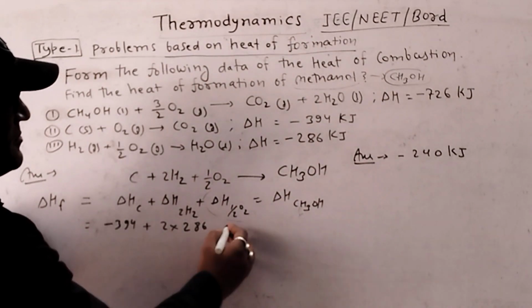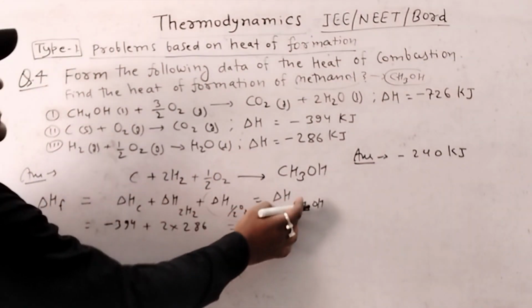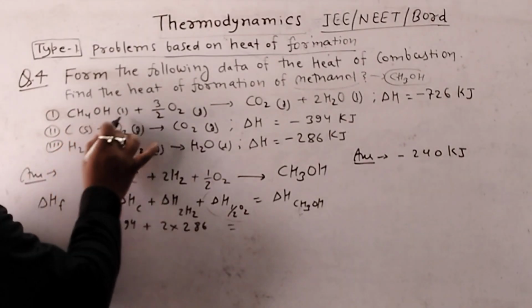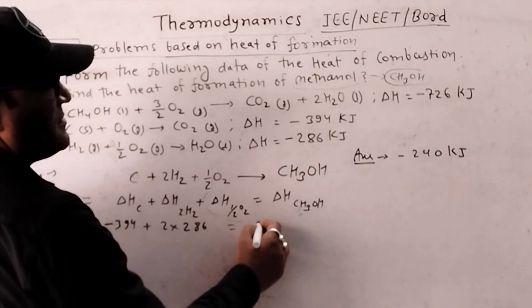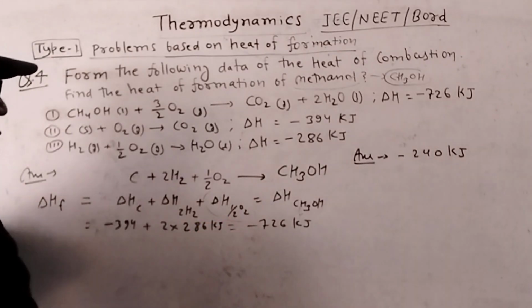In the RHS, delta H for methanol according to the given data is minus 726 kilojoule.